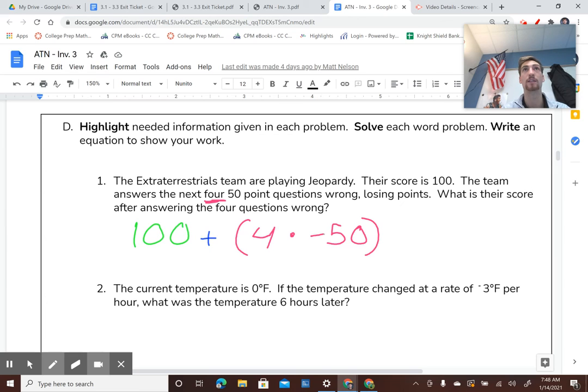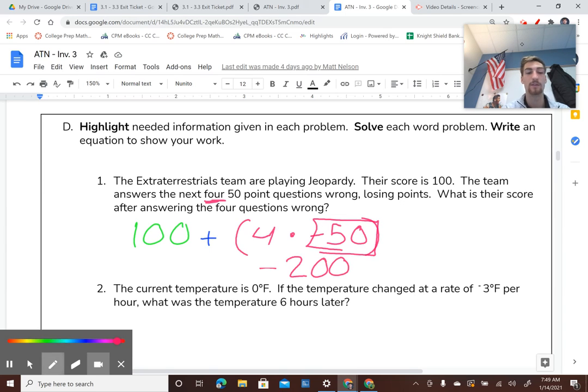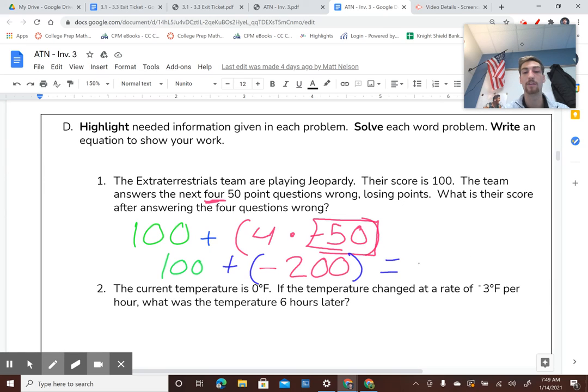All right, so let's take a look here. If we have 4 times negative 50, then we're going to have an odd number of negative factors, right? We have just 1 here. So our answer is going to be negative 200. So now we do 100 plus negative 200, and we end up with negative 100.